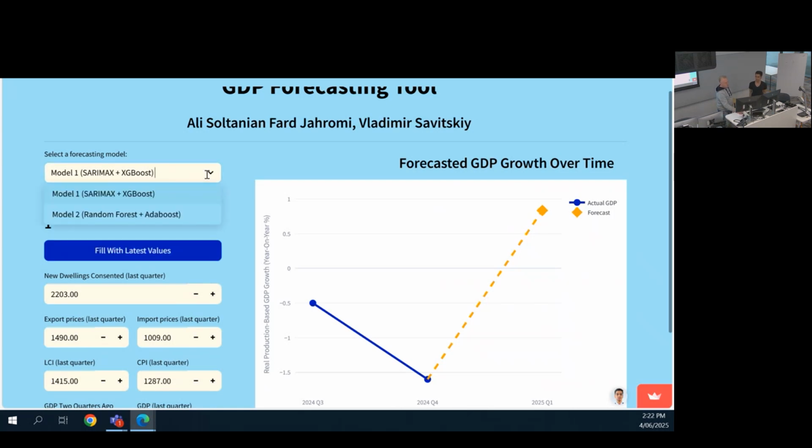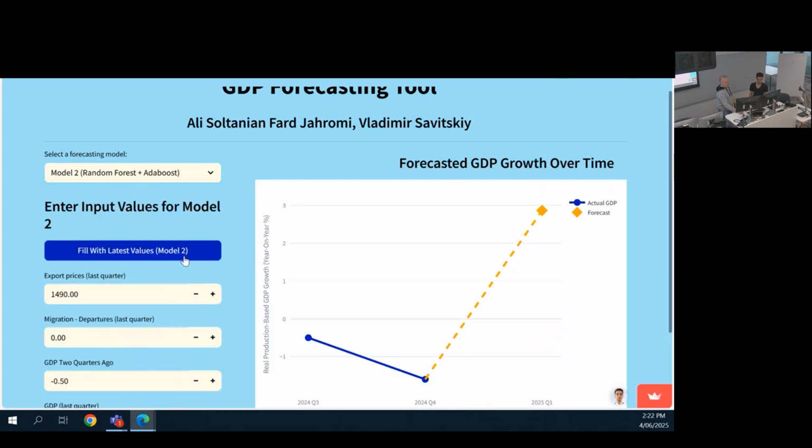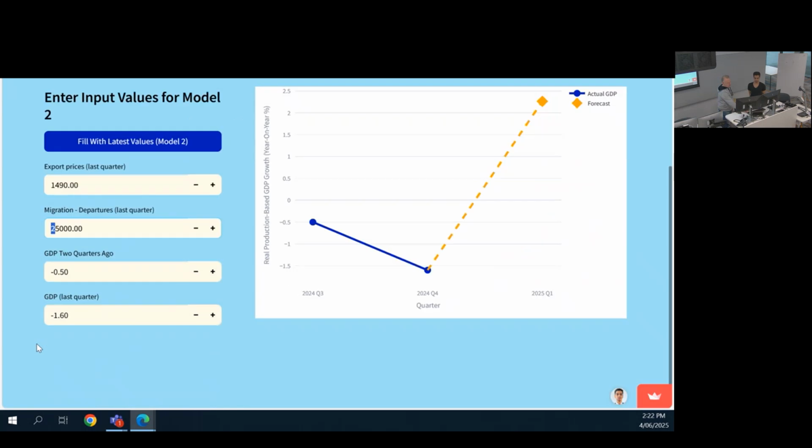Okay, so switching to the second ensemble, and also using the latest values. So we decided to use two features, which is export prices and migration, and the model pretty much reacts to any changes in those numbers.